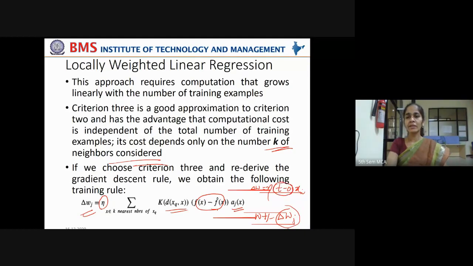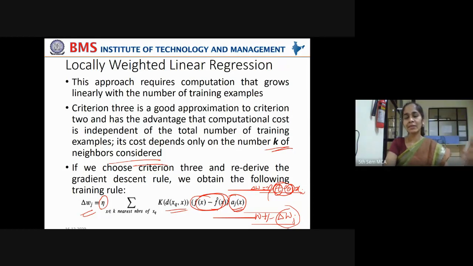Now t minus o, the prediction error, is also represented by f(x) minus f cap of x, where f cap of x is the predicted value, which is same as o, and f(x) is the existing value, which is same as t in this gradient rule, right? And xi resembles aj of x, that is the input.